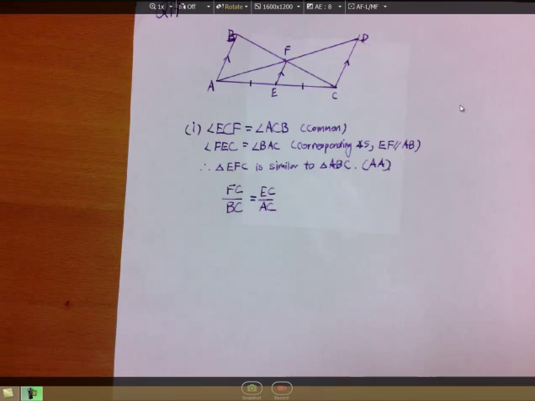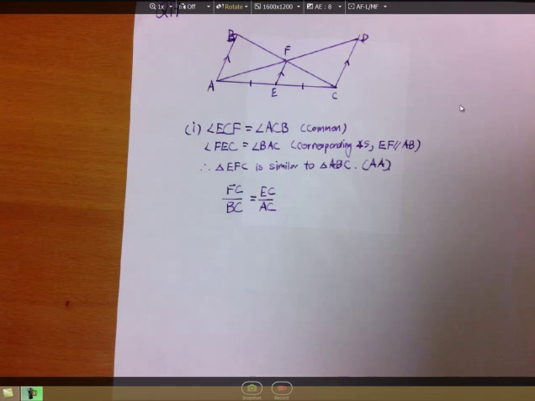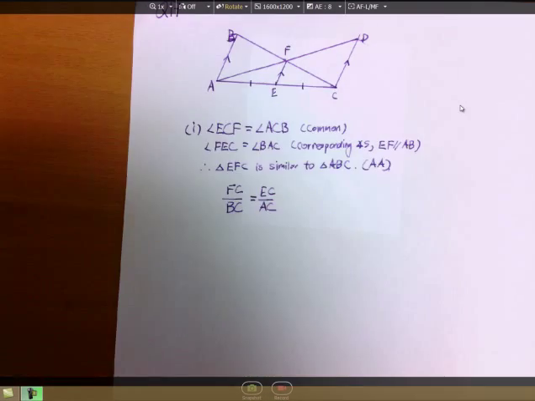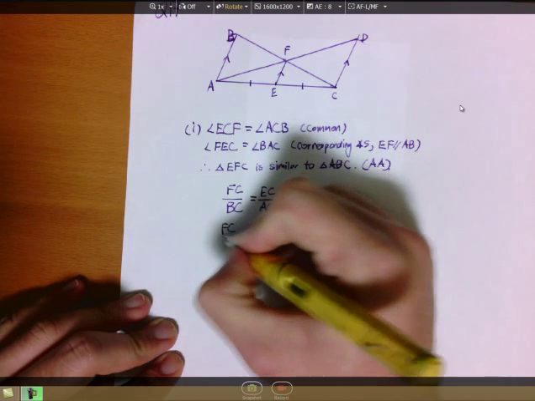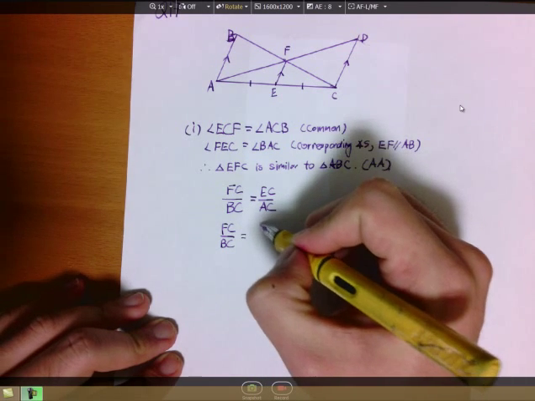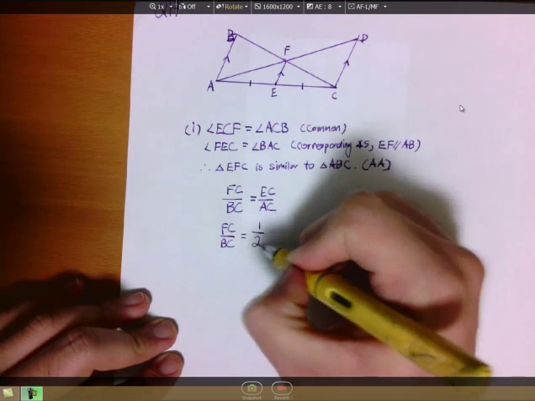And since it's already given to us that EC is to AC is 1:2, I know that FC is to BC is equal to EC is to AC, which is 1:2.